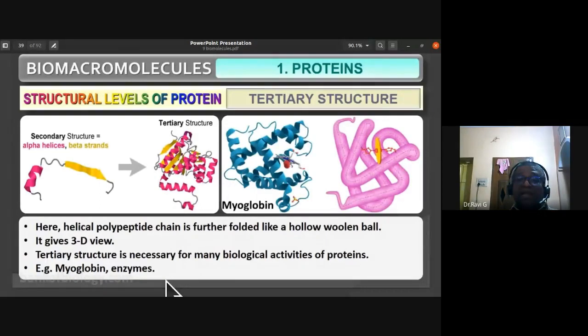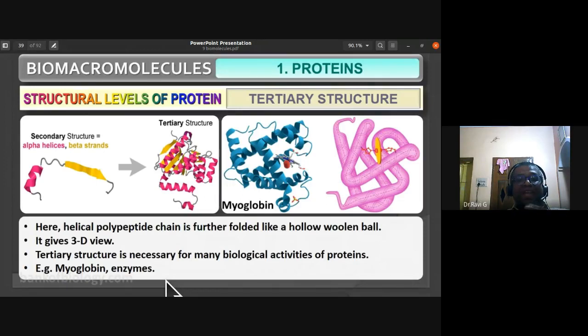So the helical polypeptide chains are further folded to form a hollow woolen ball.